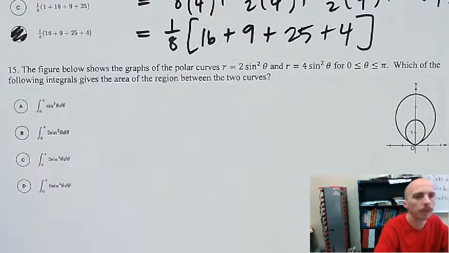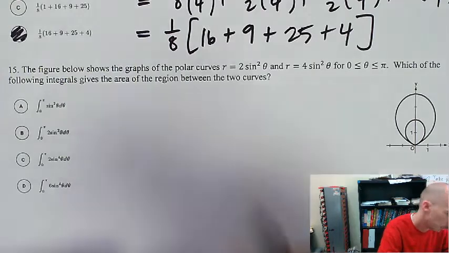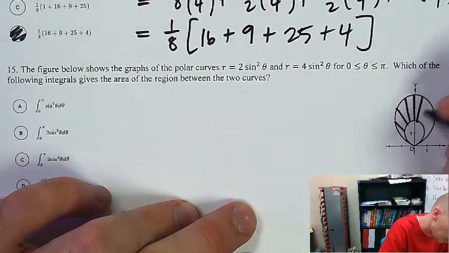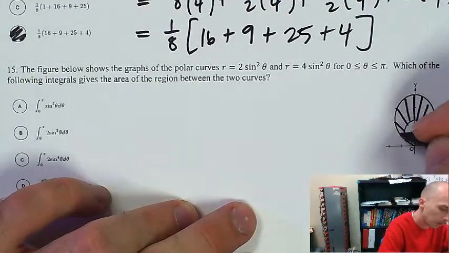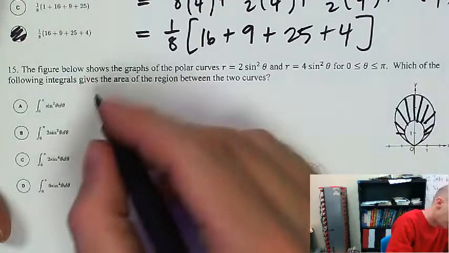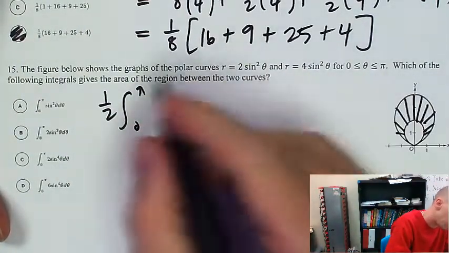All right, the figure below gives the graphs of the polar curves 2 sine squared theta and 4 sine squared theta between 0 and pi. Which of the following integrals gives the area of the region between the two curves? All right, so that's the region that I kind of shaded there. And so I'm going to say it's 1/2 r squared. The bigger one's going to be 4 sine squared.